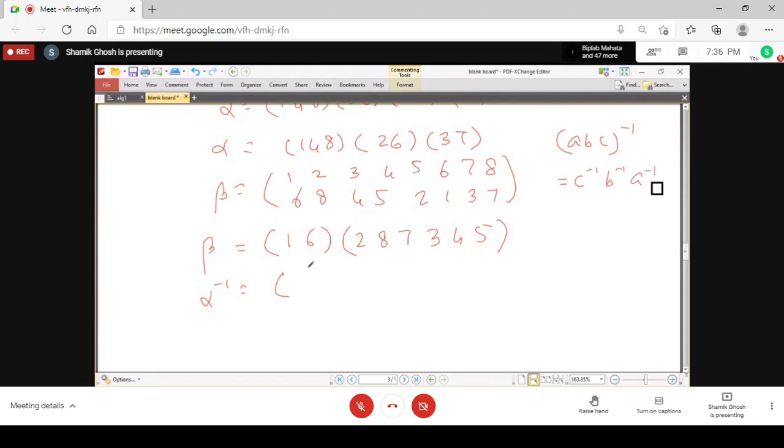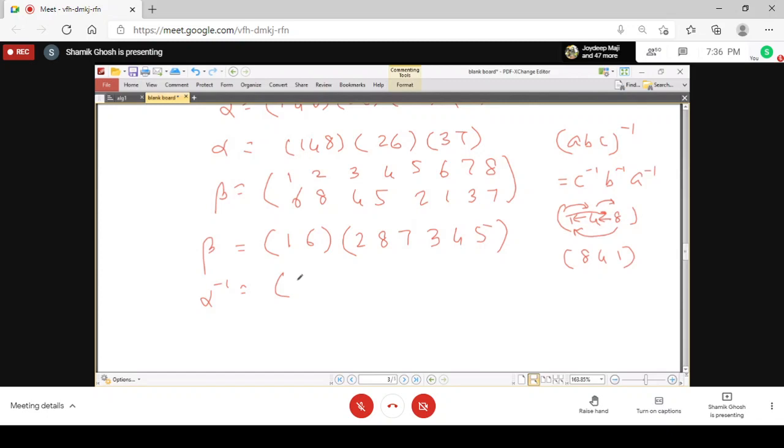So we go from the right hand side, and for every cycle, suppose the cycle 148, in the original map, 1 goes to 4, 4 goes to 8, and 8 goes to 1. So in the inverse mapping, obviously, 8 goes to 4, 4 goes to 1, and 1 goes to 8.